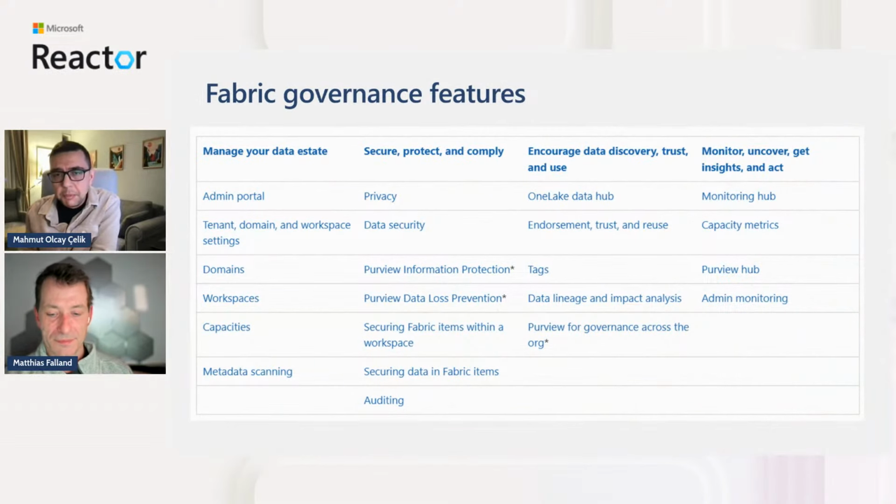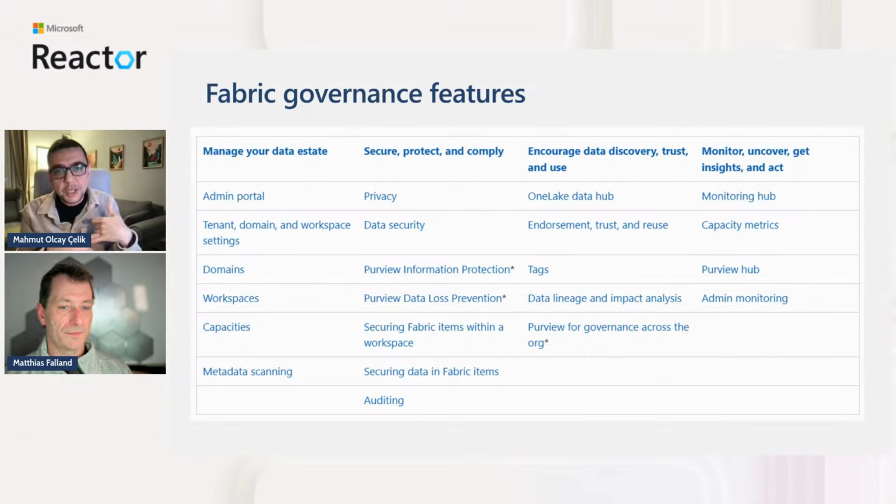Governance in Fabric, that's a really good slide that explains many key features in terms of governance. Governance in Fabric is built around, as everybody can see right now, 4 key pillars.